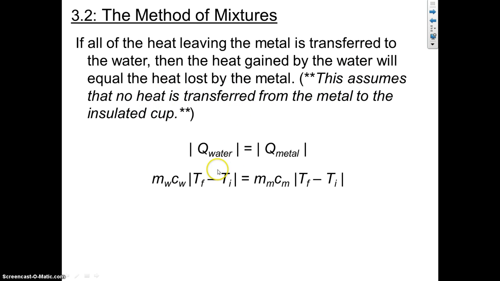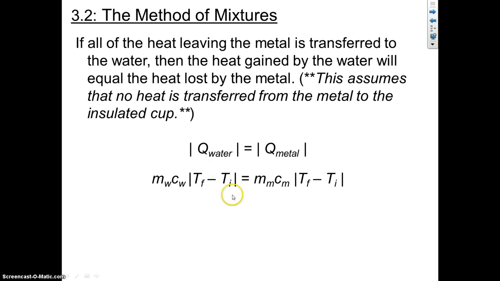Now we plug in MC delta T for each of these terms, Q water and also for Q metal. Here we have MC delta T, and here you see MC delta T. We know the mass of the water because we measured it. The specific heat of water is a given, it's a known value. We know the mass of the metal because we measured that. We know the final temperature of the water and the metal is what we read off the thermometer.